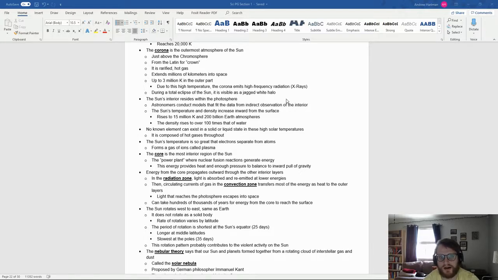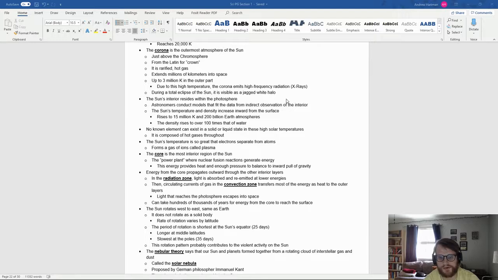The temperature is so hot that these electrons aren't even sticking with the nucleus. They are just shooting all over the place. When electrons separate, we have ions created, meaning there are either more electrons than protons or more protons than electrons. We're seeing the type that has more protons than electrons. And so we see a gas of ions called plasma within the sun.